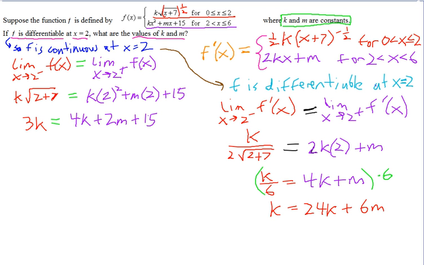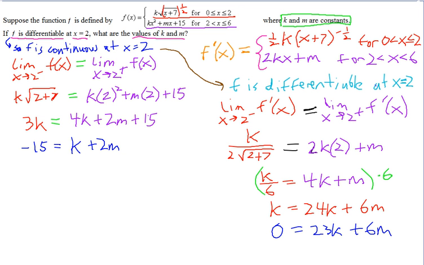If I subtract 3k on both sides, you get 0. I'll do a couple things at the same time here. I'll subtract the 15, so you have negative 15 on this side. Subtract the 3k from 4k, so you get k plus 2m. And on this one, I'll just subtract the k over, so we get 0 equals 23k plus 6m.